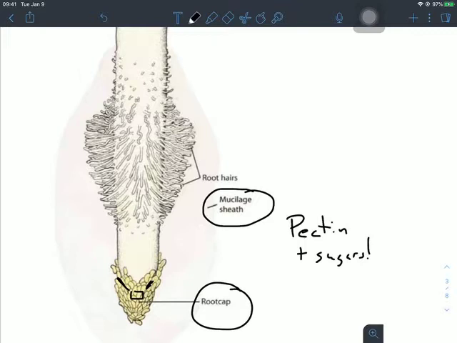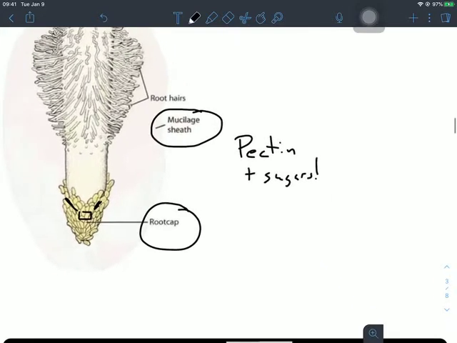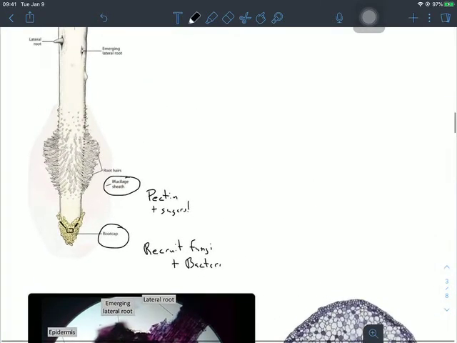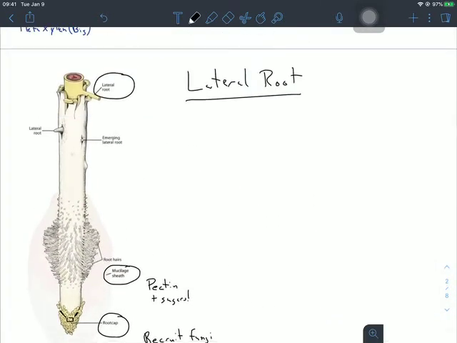Those healthy bacteria keep away the infectious bacteria, the bad bacteria that can be pathogenic. And at the same time, that mucigel can also help recruit fungi. The fungi will be incredibly important in a second once we're done discussing our lateral roots.